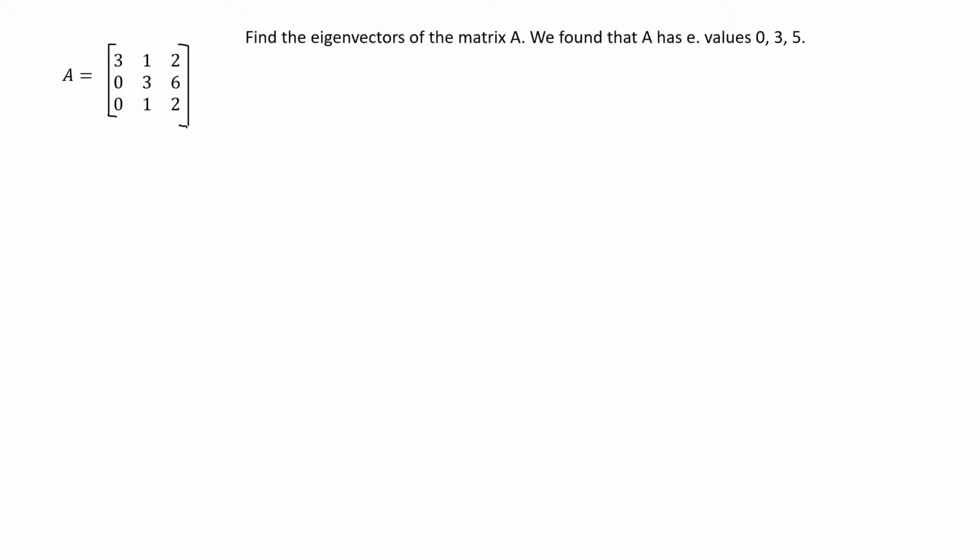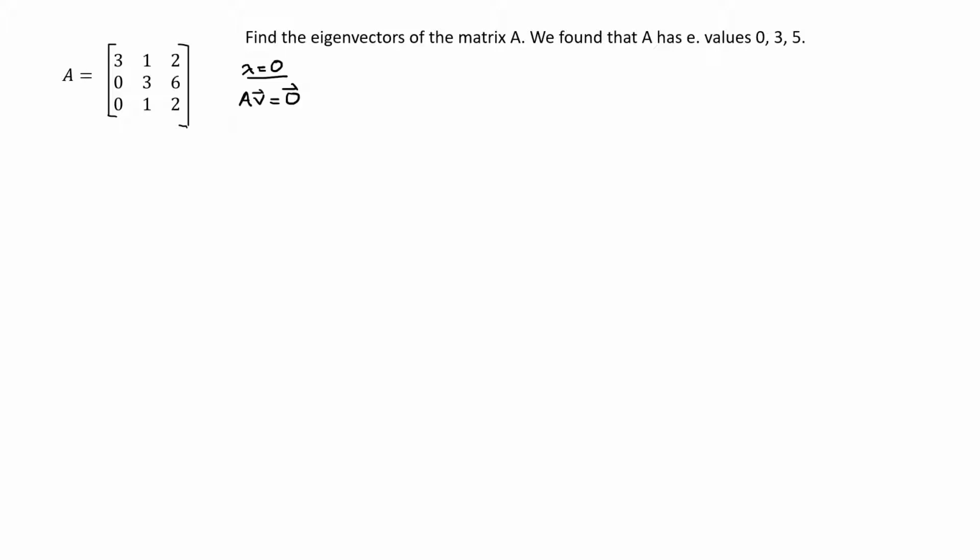All right, last but not least, we're going to do this 3x3 example. We already know our eigenvalues. We found that they were 0, 3, and 5, and we want to find the eigenvectors corresponding to each of these eigenvalues. So I'm going to start by looking at lambda equals 0. I'm going to calculate A minus lambda I, so that's just A, and I'm going to solve AV equals 0.